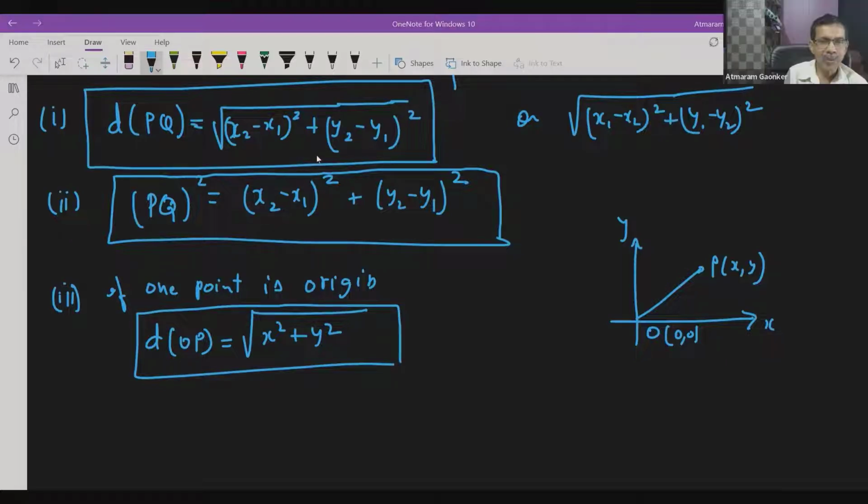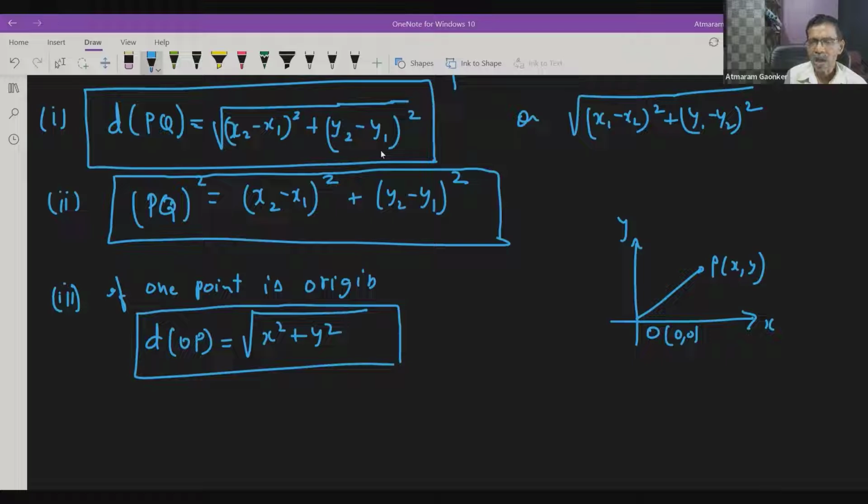Each formula is separate for separate applications. If you don't remember this, when you put (x1, y1) as (0, 0), you will get the same formula, so there is no problem. But there can be three types of cases while solving problems, so this can be used directly, and the second and third formulas are based on the first formula only.